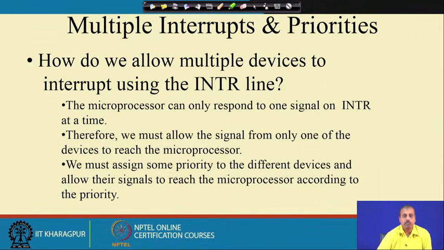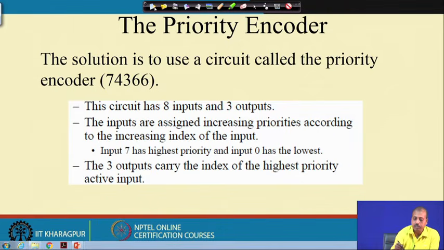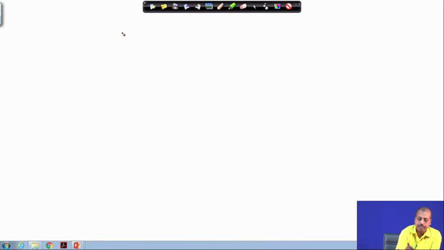A device which has a higher priority should be able to interrupt the microprocessor before other low priority devices. So, how to do this? There is a priority encoder 74366. I will come to that later. There is a simpler scheme by which you can do this, which is known as daisy chaining.